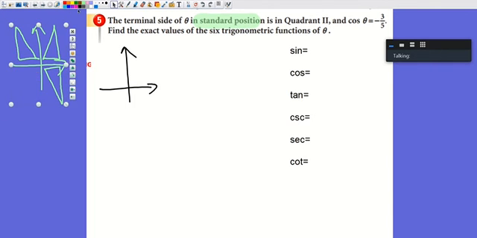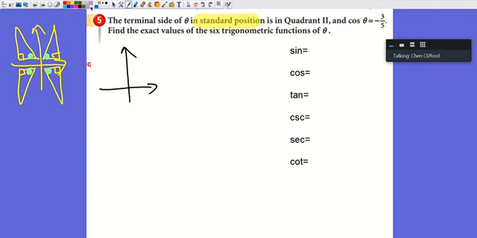And I actually want to make this yellow. So these are your right angles. Whenever you see standard position, it's going to be one of those triangles that I draw.